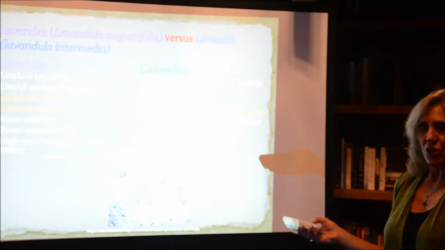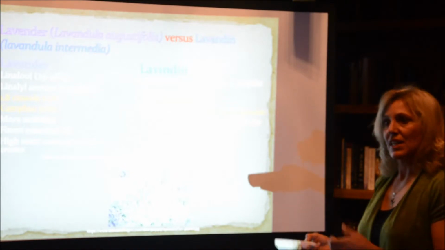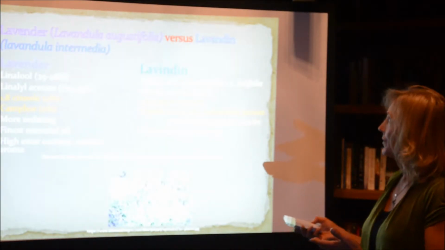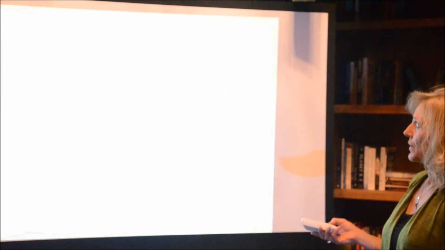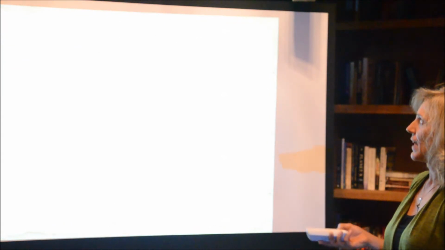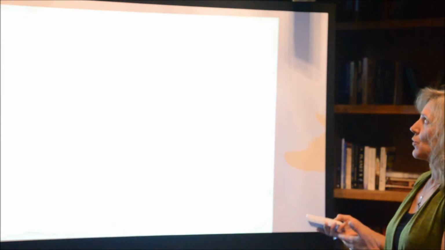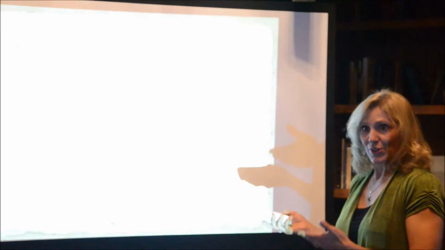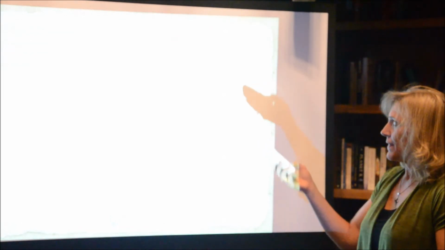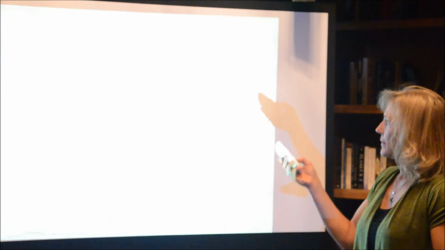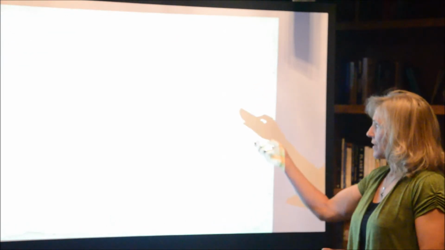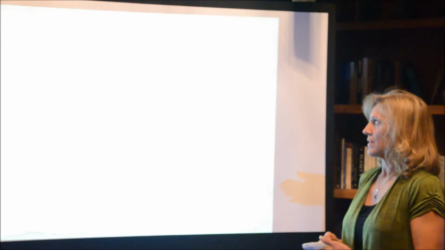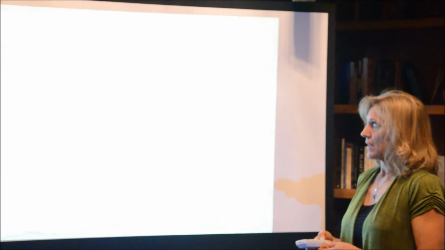This is a slide that shows the difference between the species, even though they're both lavender, they're hybrid. Lavandin is a hybrid of lavender. The main difference, if you don't know the Latin name, because sometimes it's just called lavender, is that you could get a sedating versus a non-sedating oil.